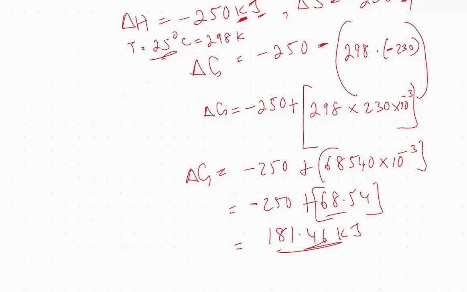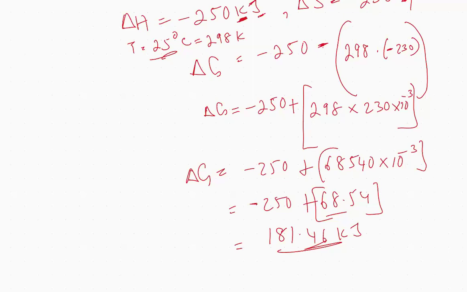It's a reduced value, but it's still spontaneous. So that's how you apply delta G.